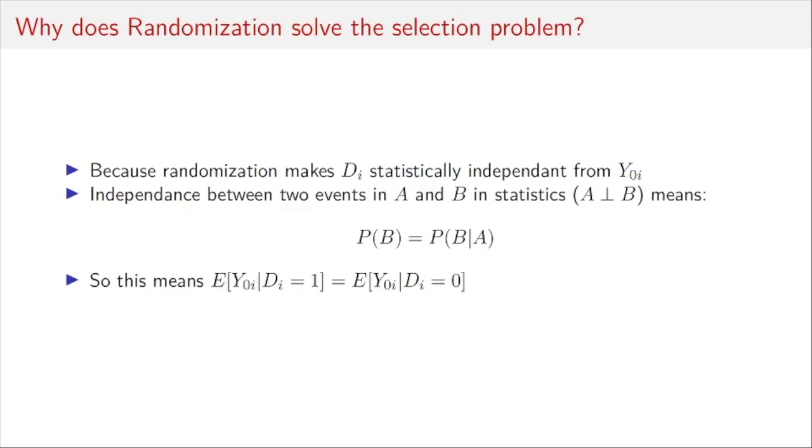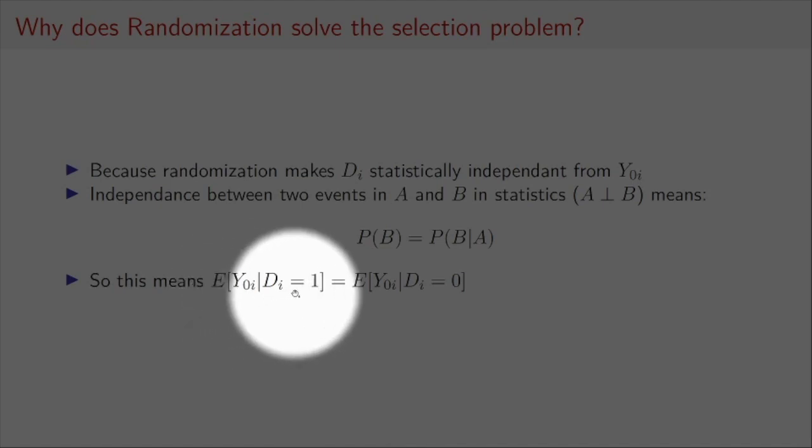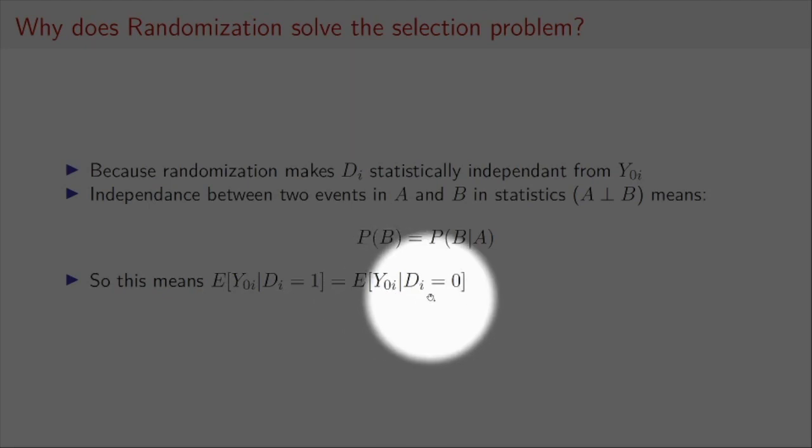Well, because randomization makes Di statistically independent from Y0i. Remember that in statistics, statistical independence between A and B means that the probability of B is equal to the probability of B given A. So because randomization gives us statistical independence between Di and Y0i, the expected value of Y0 if you go to the hospital is equal to the expected value of Y0 if you don't.